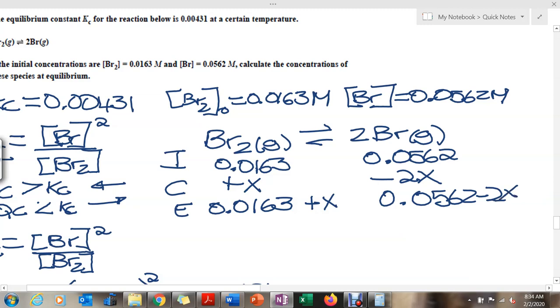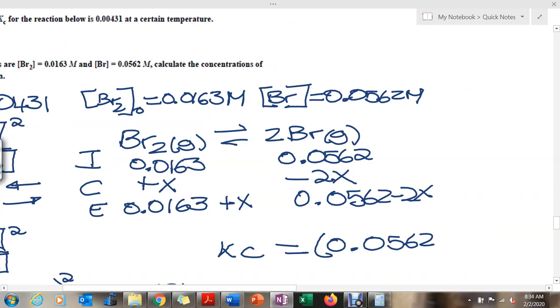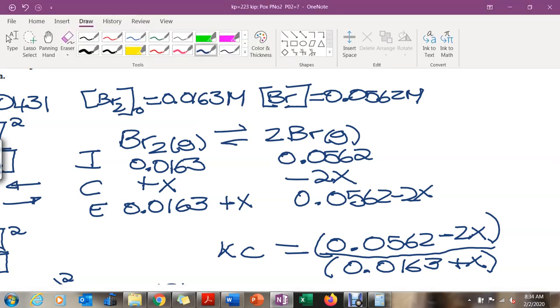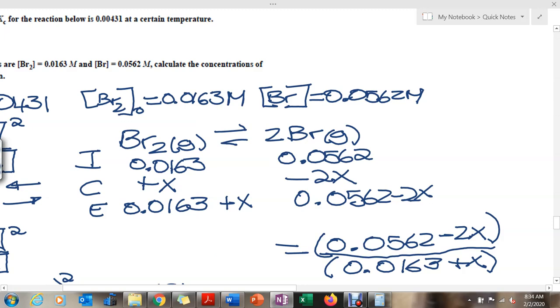Now we use the Kc expression to find out the x, and it's going to be 0.0562 minus 2x divided by 0.0163 plus x. And to do it better directly, this is the Kc that is given. So here, let's substitute the value of Kc.